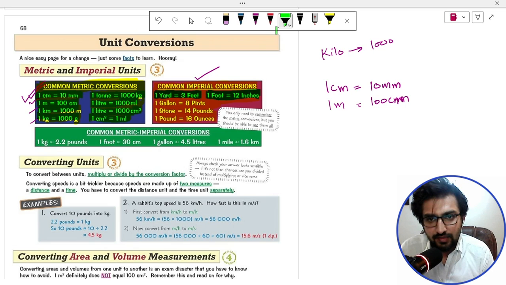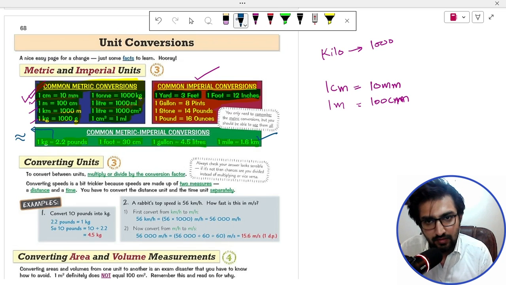Common metric-imperial conversions: 1 kilogram is almost equal to 2.2 pounds. By the way, the sign you can see over here means that it is almost equal. This is not exactly equal, but it's almost equal to 2.2 pounds. 1 foot is 30 centimeters, 1 gallon is 4.5 liters, and 1 mile is 1.6 kilometers. These are also important.